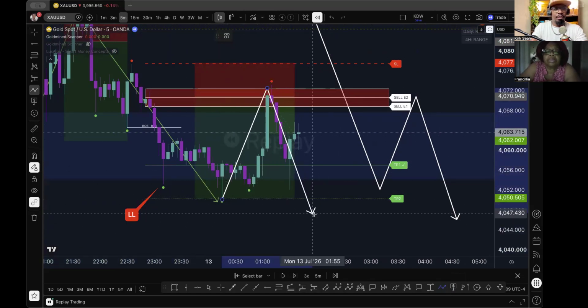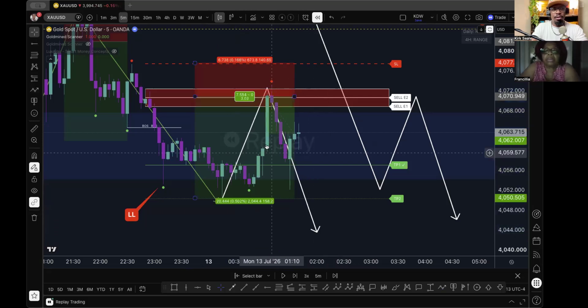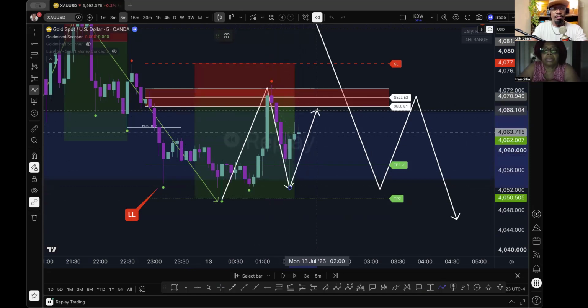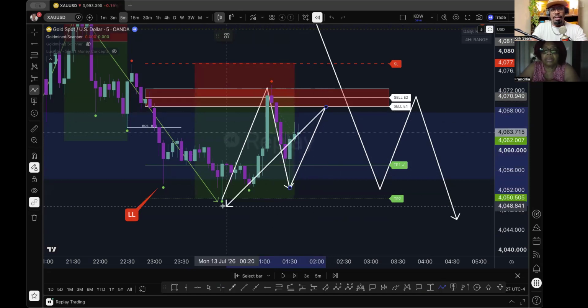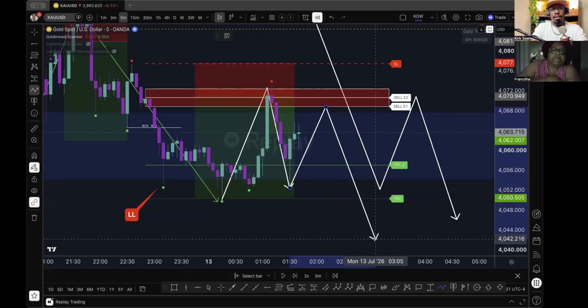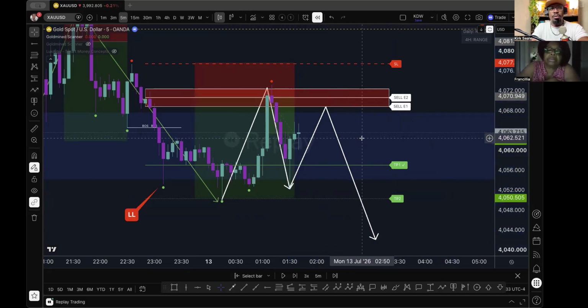And then we were looking for it to come all the way down here to give us another lower low, but it doesn't get all the way down. Instead, it comes here. So now we have to wait and see, can we get another lower high? All right, it didn't give us a lower low here, but maybe we can get a lower high, and then we see price continue to go down.